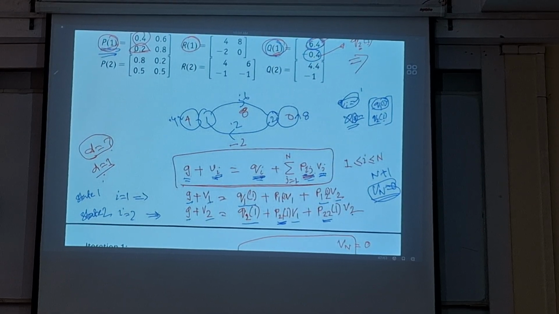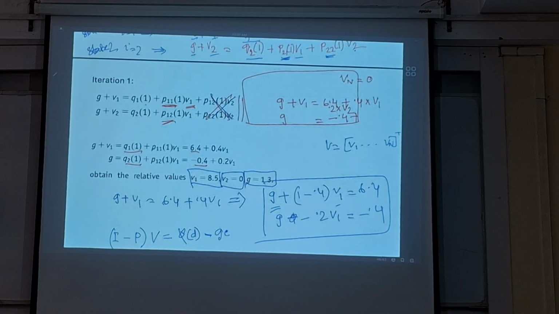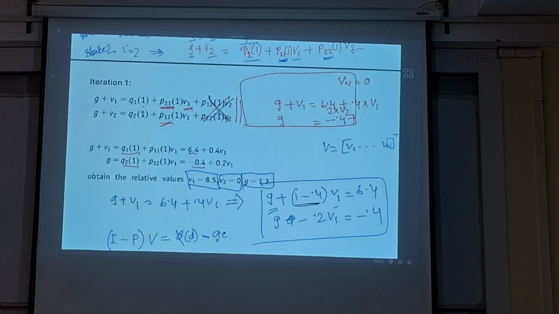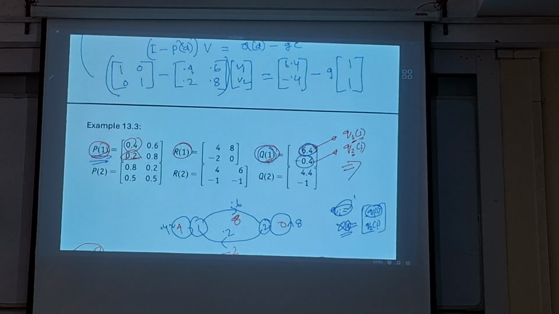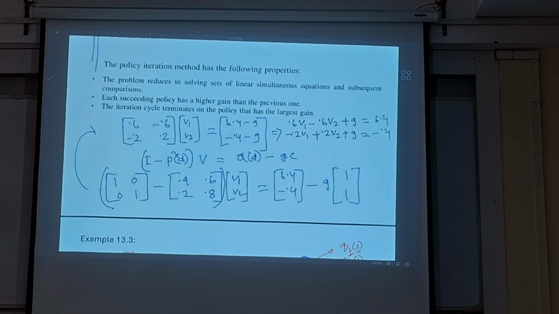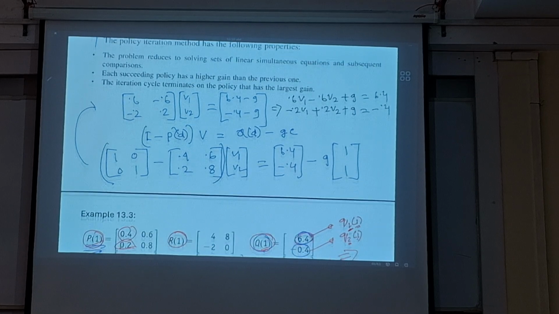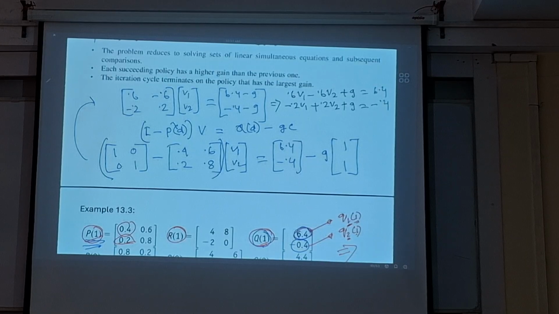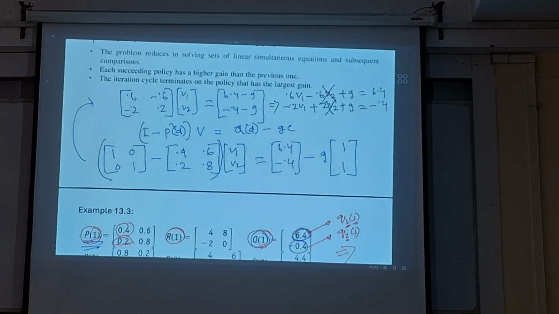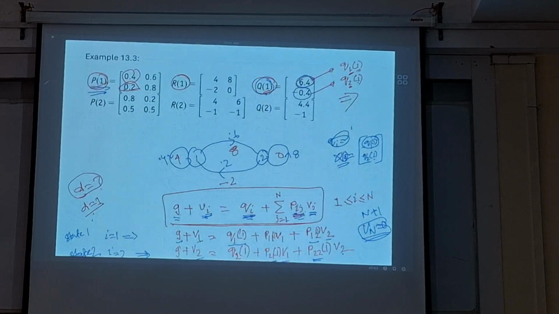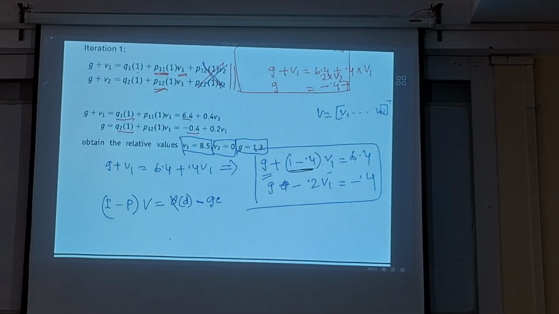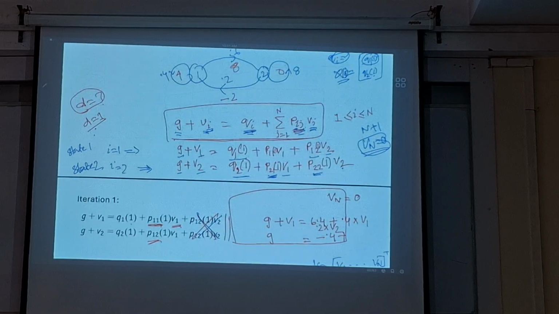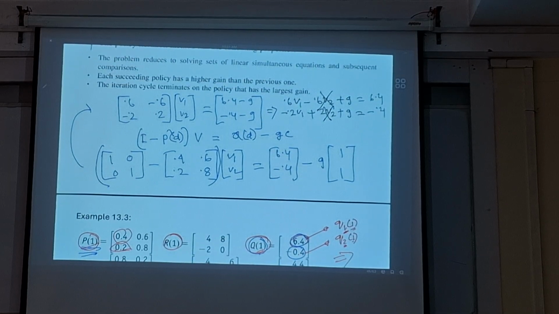Just if you look at the equations, and when we put V2 equal to 0, then this part vanishes and the equation becomes 0.6 V1 plus G equal to 6.4, and minus 0.2 V1 plus G equal to minus 0.4.